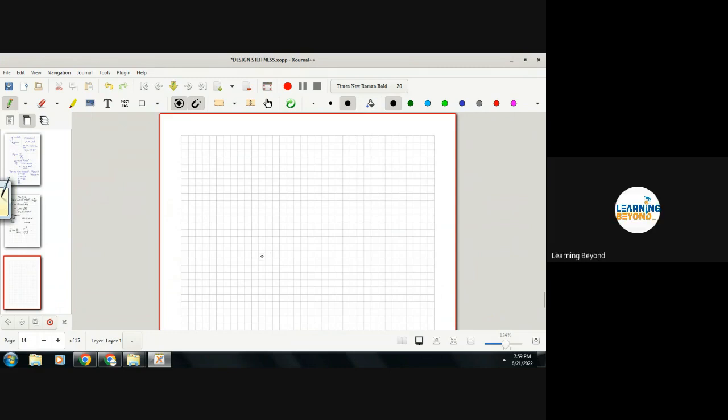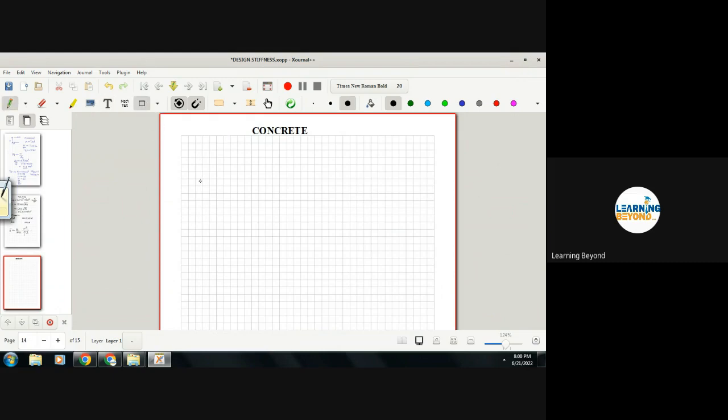Now let's see the material as concrete. Now we'll discuss concrete.